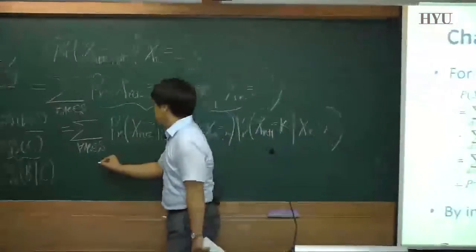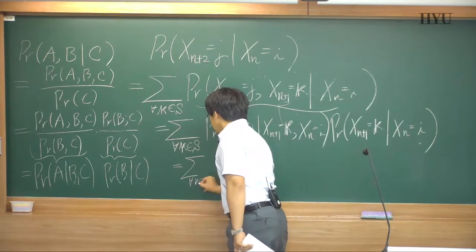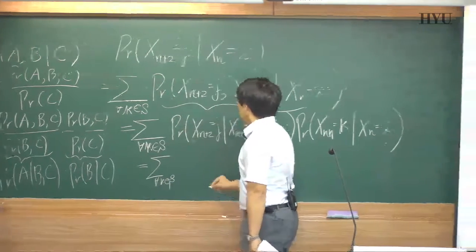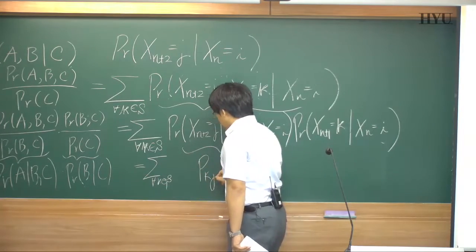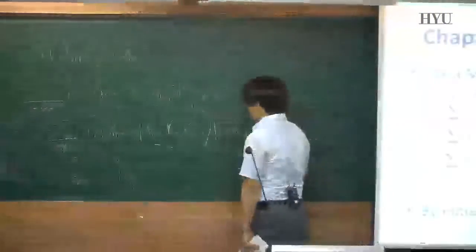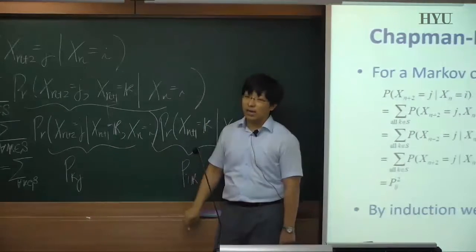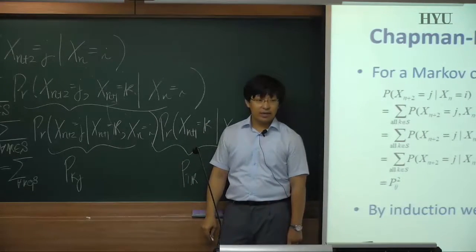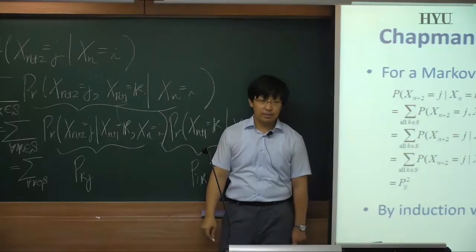So for all possible k, this value is the same as p_{kj}. This value is the same as p_{ik} for all k. Right? Then we can calculate this conditional probability, two steps after.